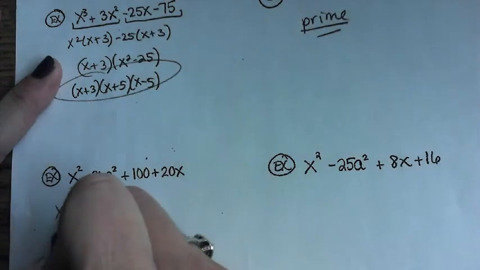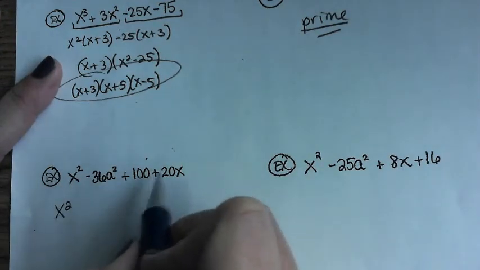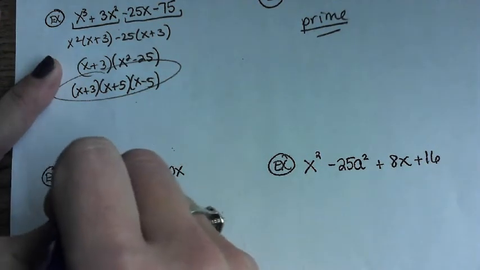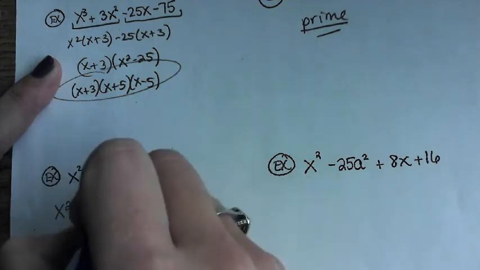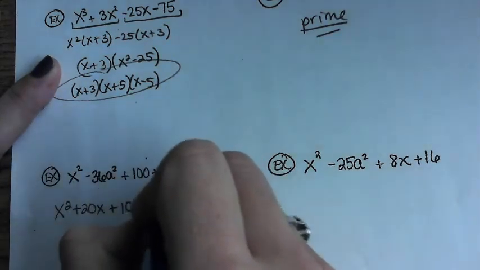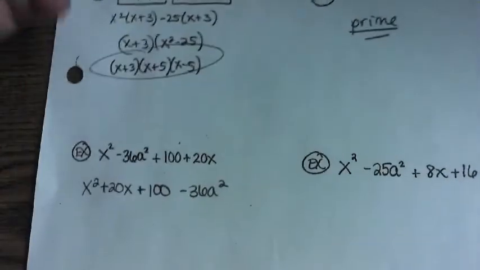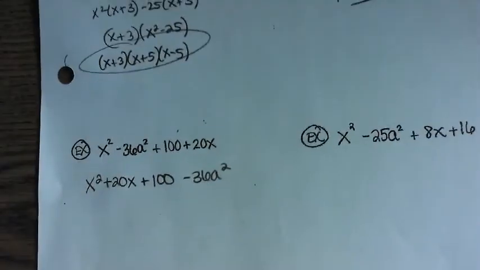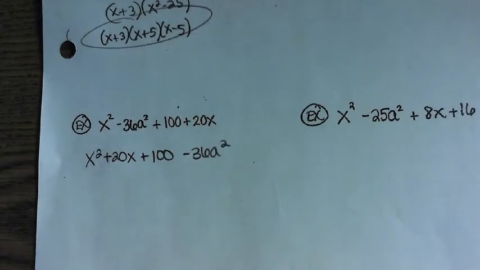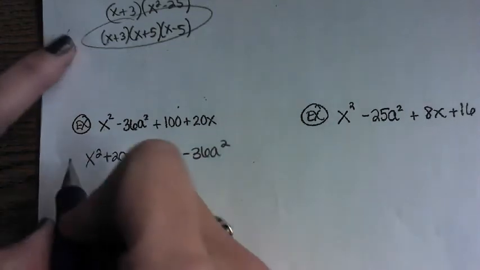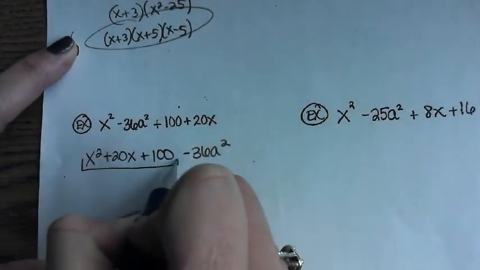I'm going to reorder this into the x squared first, plus a 20x, plus a 100, minus a 36a squared. And this is going to be grouping of a new kind. Up to this point, with 4 terms, we have grouped 2 by 2. In this, we're going to group 3 by 1.